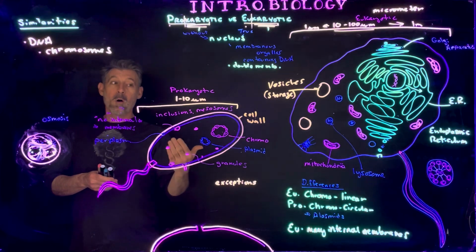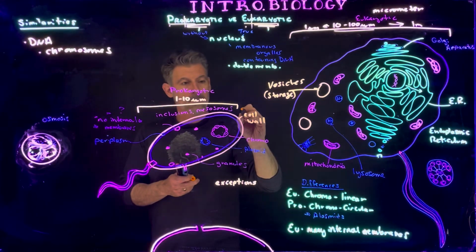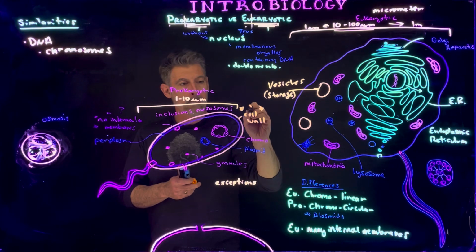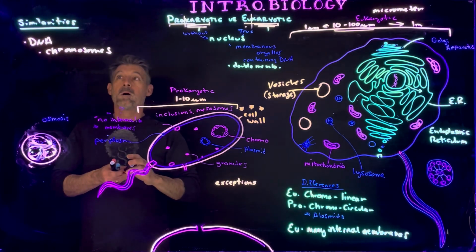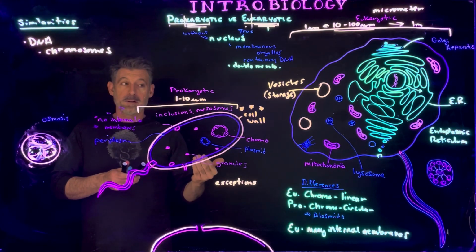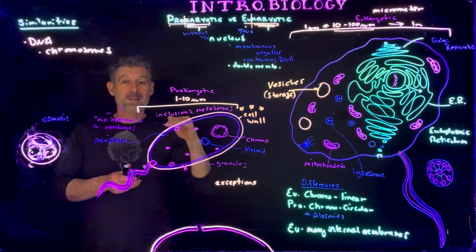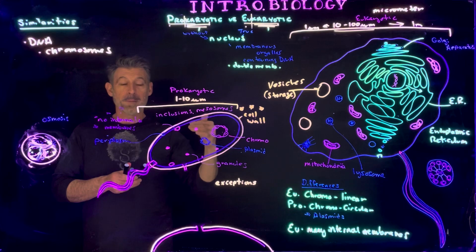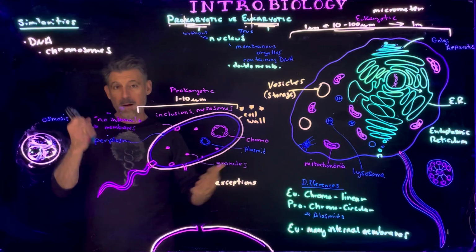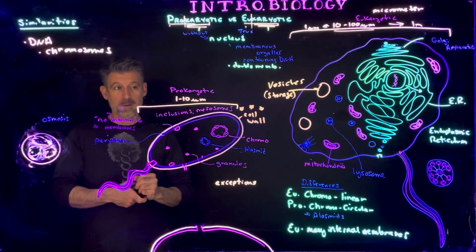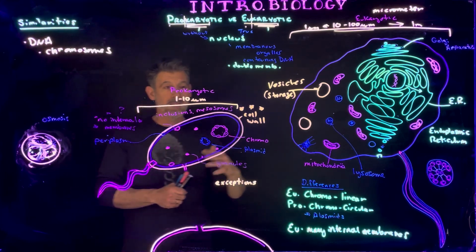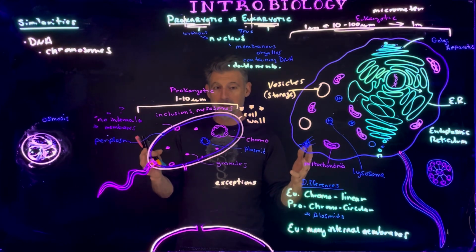Almost all prokaryotes have a cell wall, and this is kind of a big thing. It is typically made up of the same material, called peptidoglycan. There are different ways it can be arranged, and there can be other molecules associated with it to be gram-positive or gram-negative, and there's a lot more complexity to it.